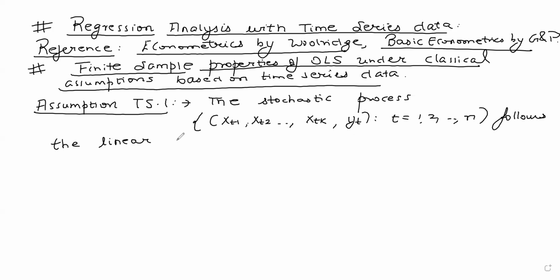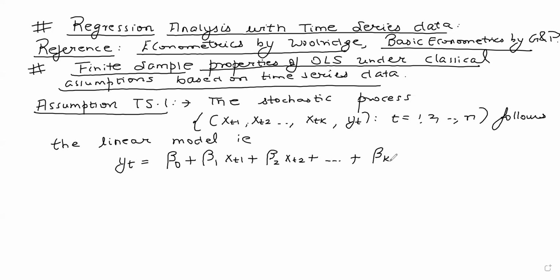The first assumption is telling us that it follows a linear model. That is, yt is equal to beta naught plus beta 1 xt1 plus beta 2 xt2 plus dot dot dot, I can stretch it to beta k xtk plus ut, where ut is a population disturbance term at the time period t as t takes values from 1 to n.